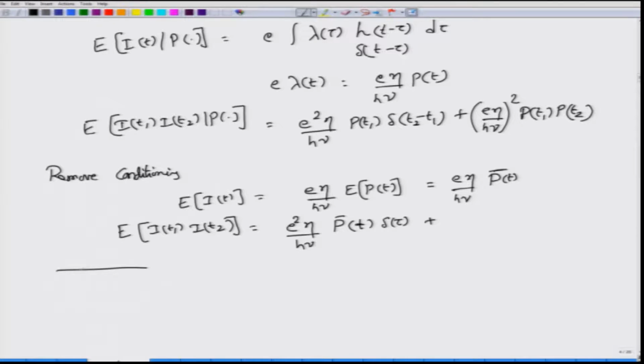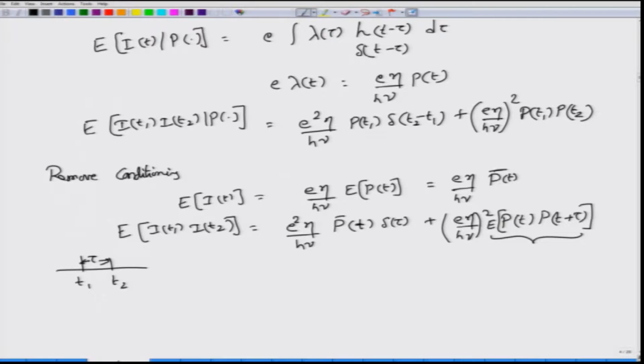You are considering two time instants, t1 and t2, and you can see that this is a function of the lag tau. So, you can write this as P bar of t, which is the mean optical power, times delta of tau. The second term is (E eta by h nu) squared times the expectation of P of t and P of t plus tau, because t2 is equal to t plus tau.